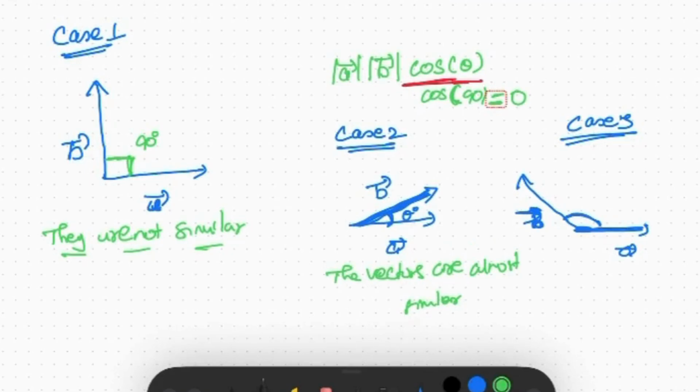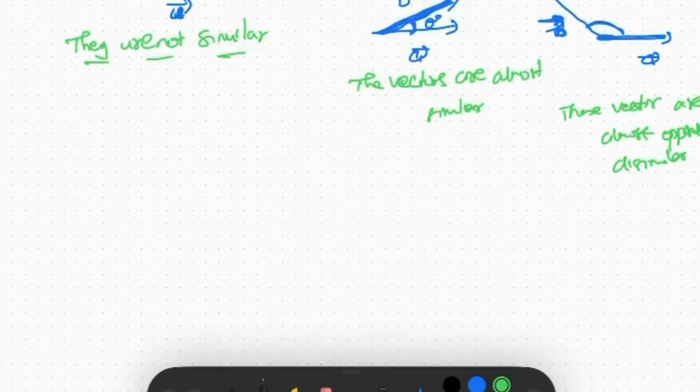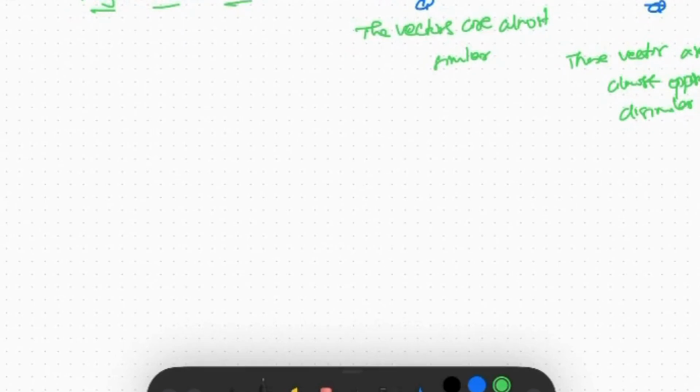So what is the inference? These vectors are almost opposite, or in other words you can say dissimilar, right guys?